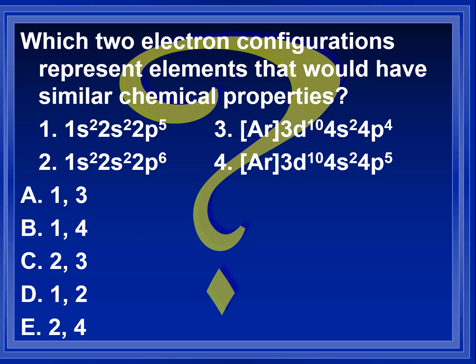The outer one, that's a p5, that's a p6, that's a p4, that's a p5. So 1 and 4, which is B. They're all halogens. We just said that p5 is the halogens just a second ago. It's part of the naming, so it gives them a hint when they're doing stuff.